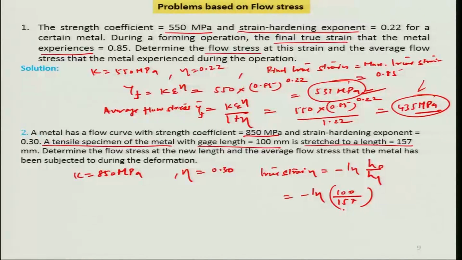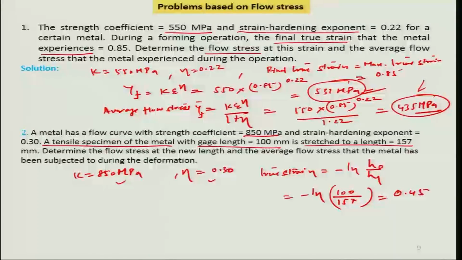With this true strain, the strain hardening exponent and the strength coefficient, we can determine the flow stress at the new length. At this maximum strain value, the flow stress YF can be represented as 850 times the true strain to the power of 0.30. The true strain comes out to be 0.45.